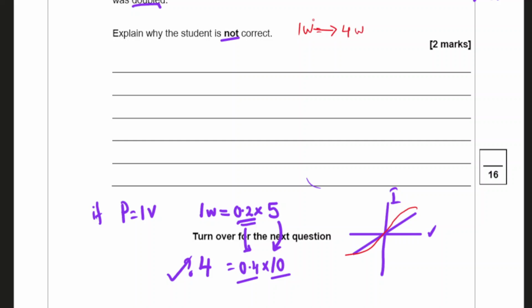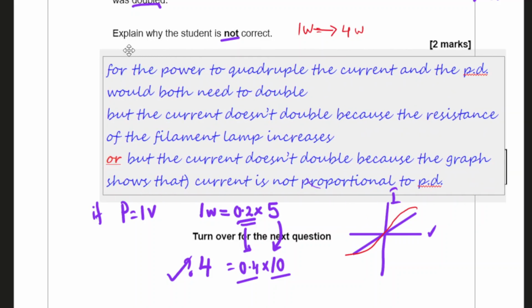We are talking about quadrupling here, increasing by a factor of 4 if you double the potential difference. For the power to quadruple, if you double the potential difference, the current should also double for that to happen. Here's an answer that you can write down.